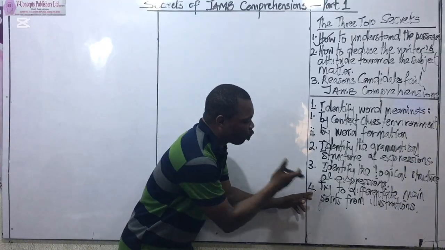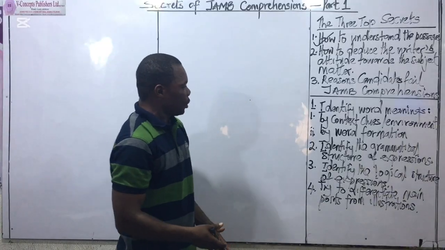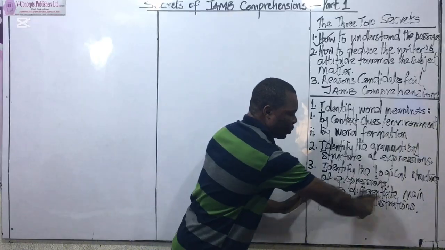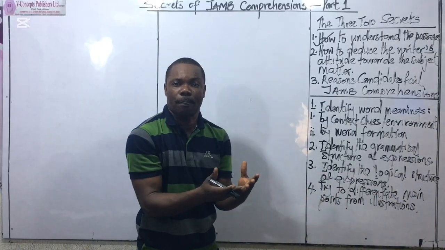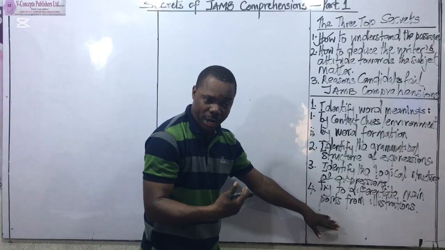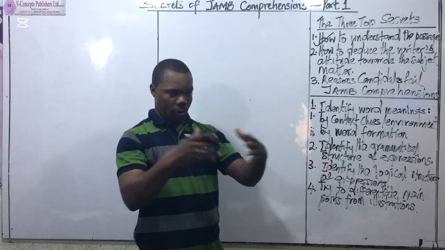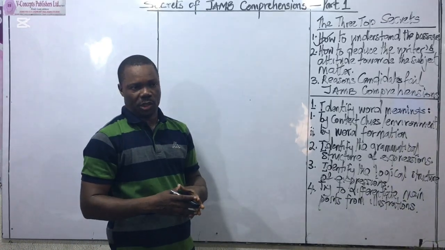Then number 4, try to differentiate main points from illustrations. So the whole essence of this is to come to the final point of being able to differentiate main points from illustrations. Now let us begin, okay? And then we're going to cite some examples to illustrate these tips.